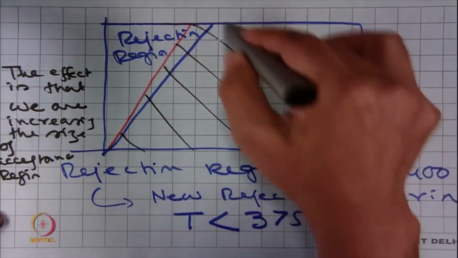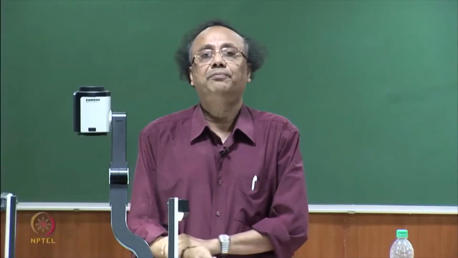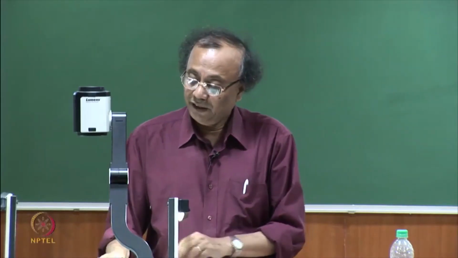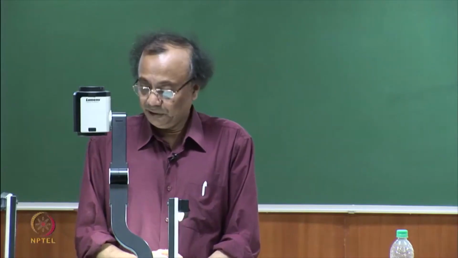So, when the null hypothesis is not correct, or the actual value of p is not equal to 0.5, now we have a higher chance of accepting the null hypothesis.